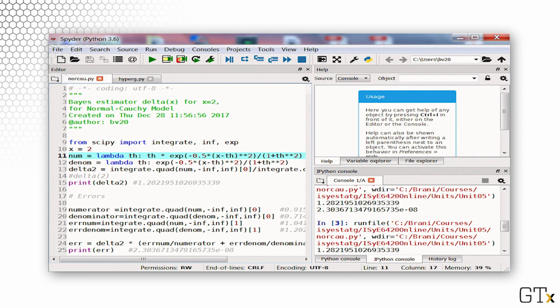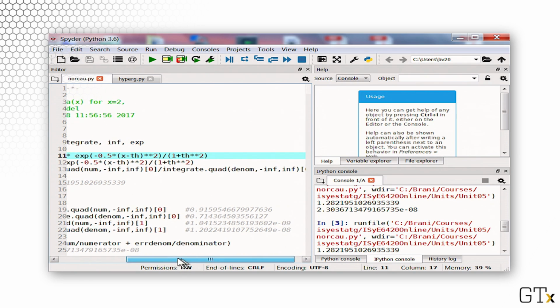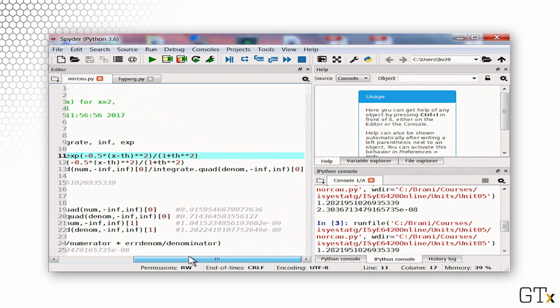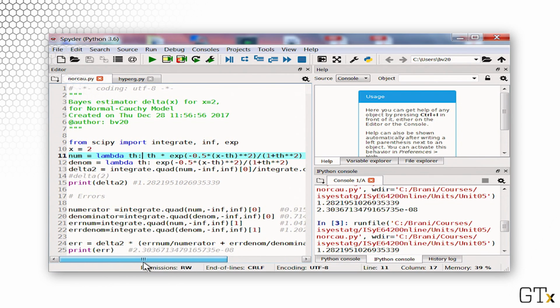Now, what error is made? I'm taking the error in the numerator, and that error in the numerator is of the order of 10 to the minus 9, and the error in the denominator is of the order of 10 to the minus 8, and I'm calculating the error of the ratio of the two integrals.